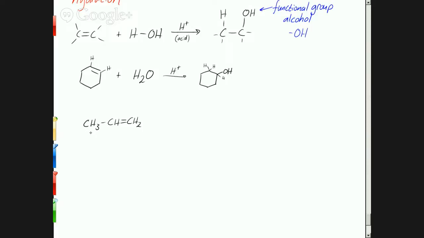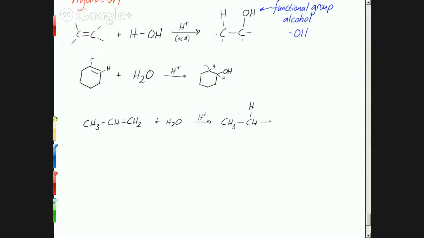So sometimes you have an asymmetric double bond like this, where it does matter which one goes on which side. So if you imagine the same procedure here, there are 2 possibilities.